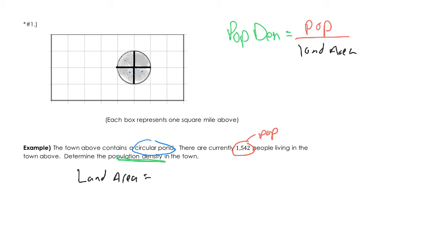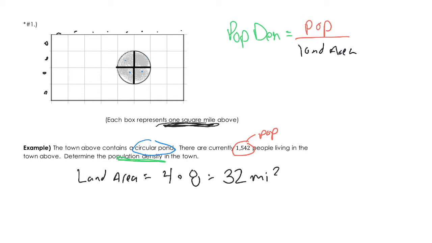So area of a rectangle would just be the length times width. And this is 4 boxes times 8 boxes, which is 32 square miles, because it says each box represents 1 square mile.